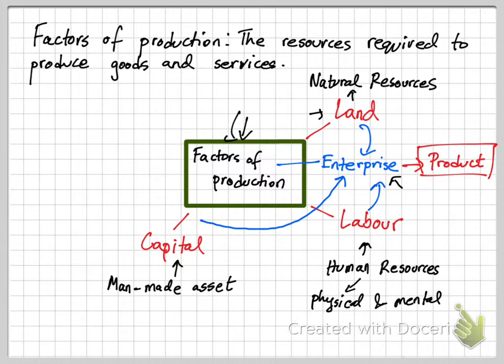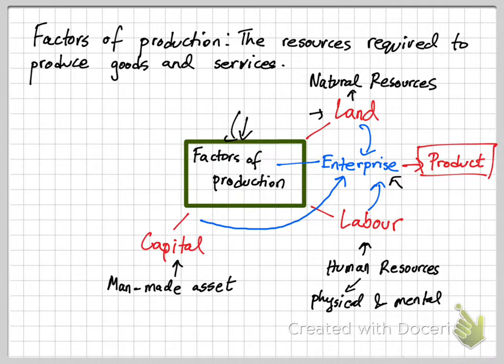For example, a hammer, right? A hammer is something that was man-made, and that was created by people. It was a product created by people to help them make a lot of different other products, right? So capital can include a lot of machineries, a lot of tools and a lot of things that we use in our production process.